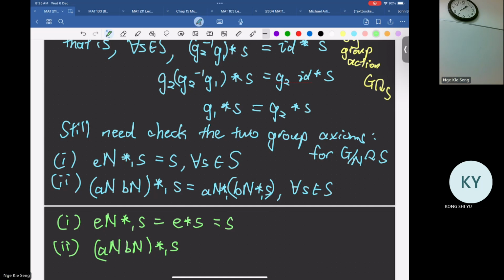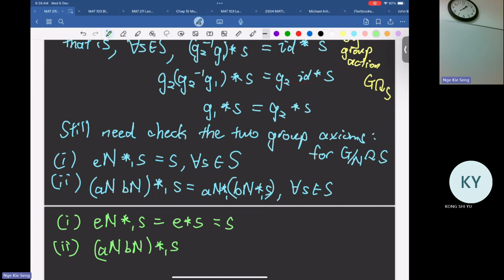AN times BN, is this a coset? In general, no. But this N is what? We can only quotient out by a normal subgroup. So when the subgroup is normal, every left coset is a right coset. In particular, you can use the same representative.